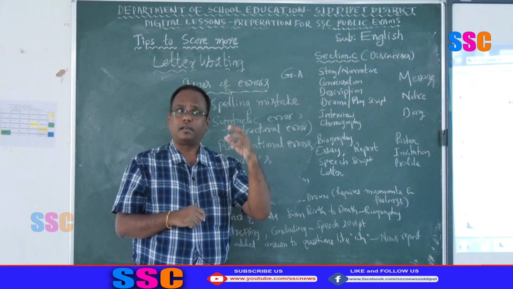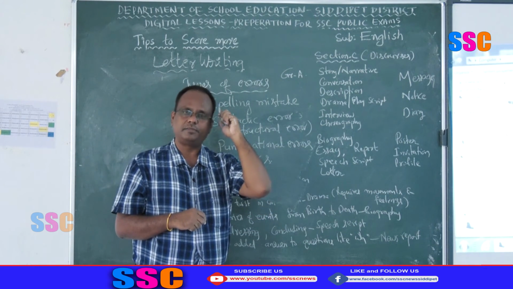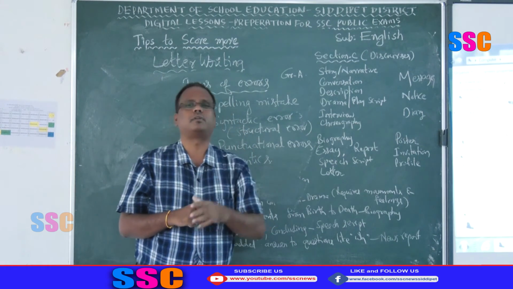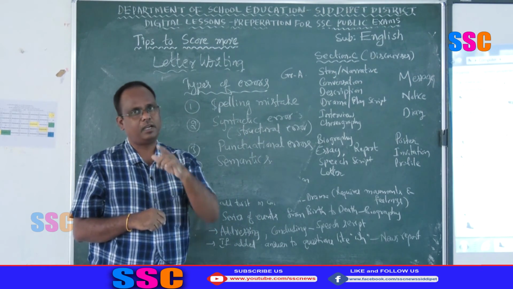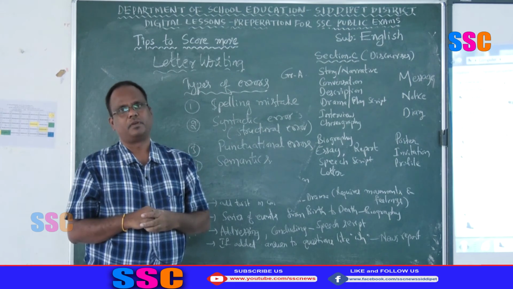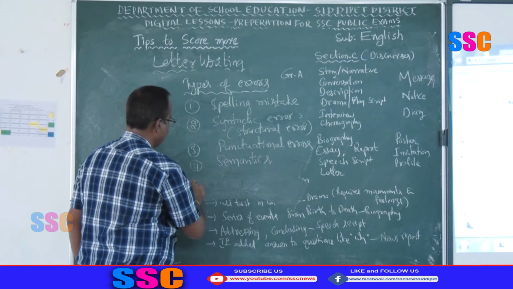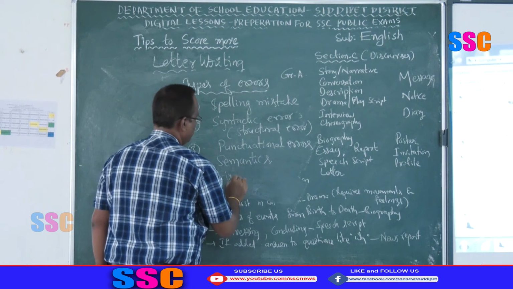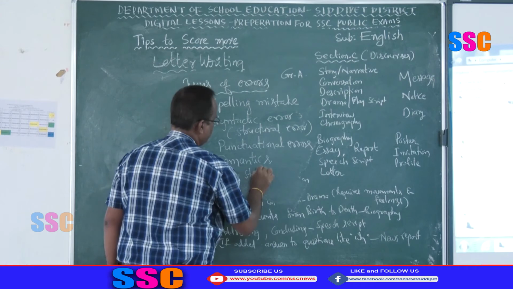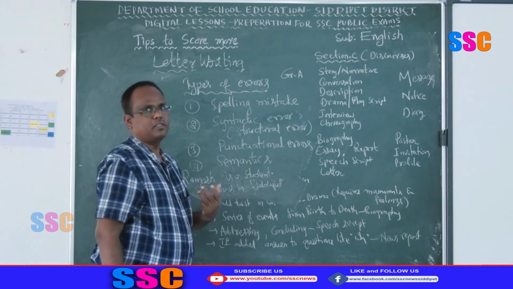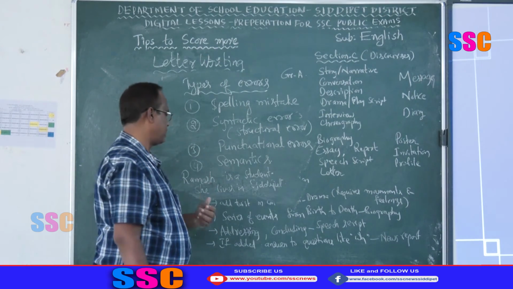A semantic error is when your sentence is correct according to the grammar, but it is conveying a different meaning. For example, if I write like this, Ramesh is a student, she lives in Siddipet. Definitely there is no mistake according to the grammar.